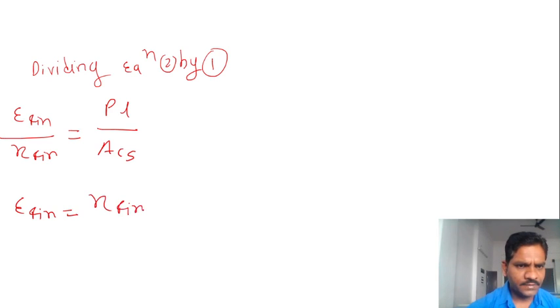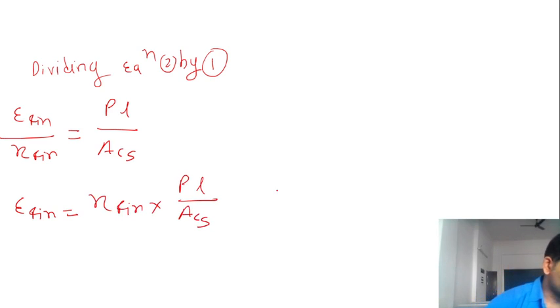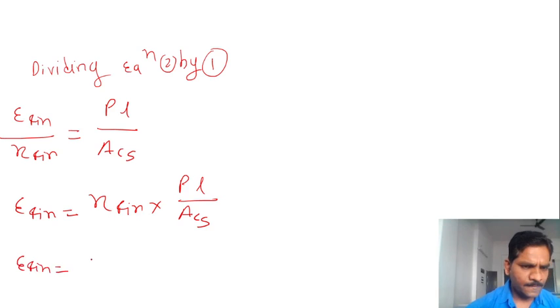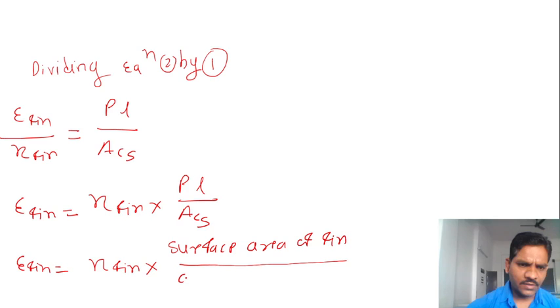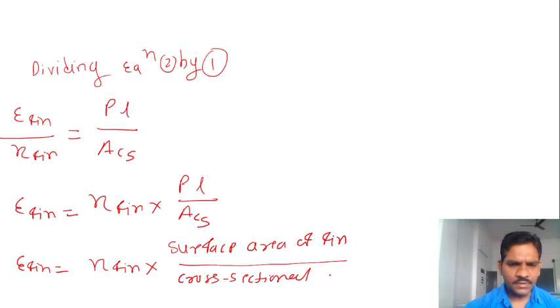efficiency of fin into PL upon ACS, guys. So you write down in this way: effectiveness of a fin is equal to efficiency of fin multiplied by the surface area of the fin upon the cross sectional area of the fin, guys.